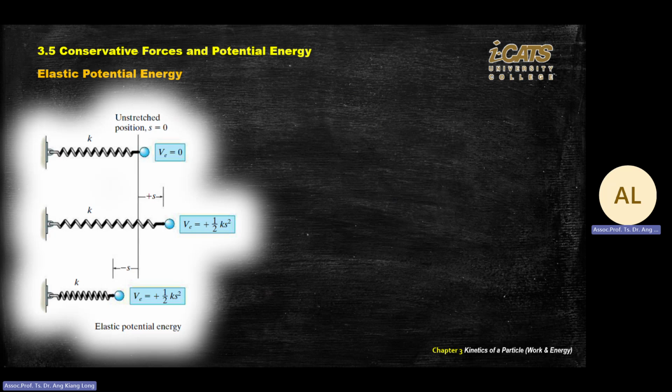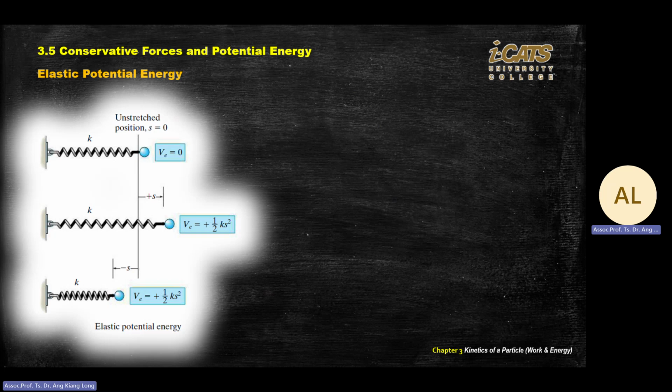Next, we look at the spring. Also, it starts with the original position. So you have three positions: the spring before stretch, stretched, and compressed. The first one, without stretching, has no energy because no force. Energy is equal to force multiplied by the distance traveled, so Fs or work.